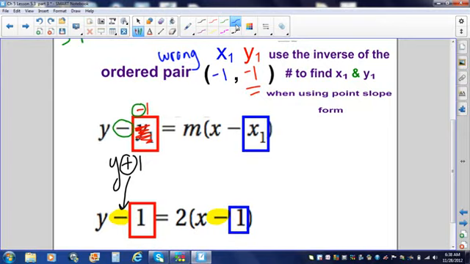Also, remember this is the incorrect way. If you tell me that x1 is -1, when you put a -1 over here, it messes everything up, because then we have 2 negatives in a row, and that changes to a plus, and we're supposed to have a minus.